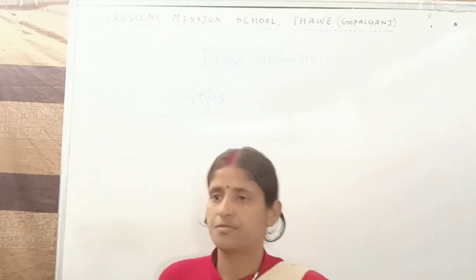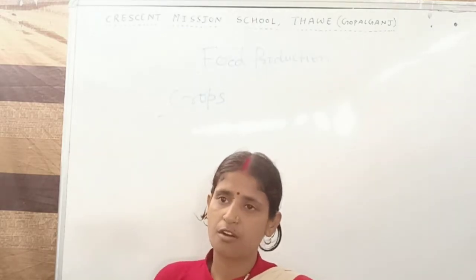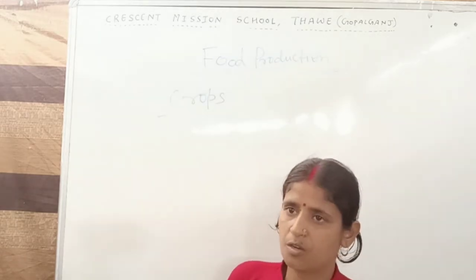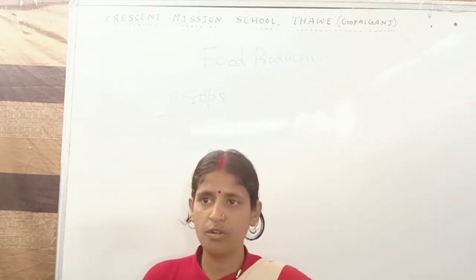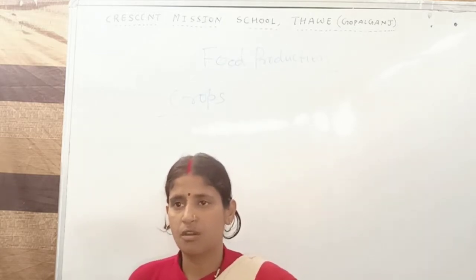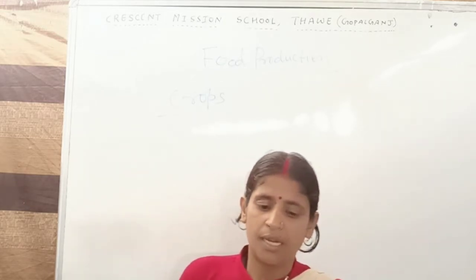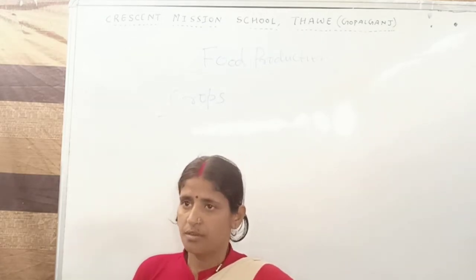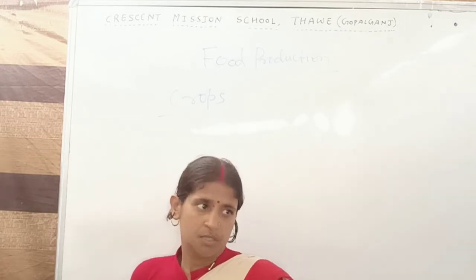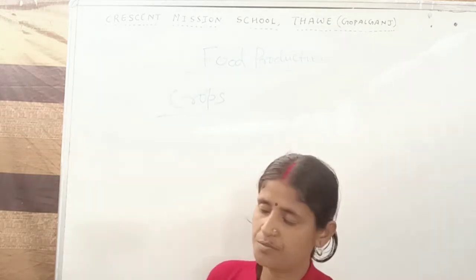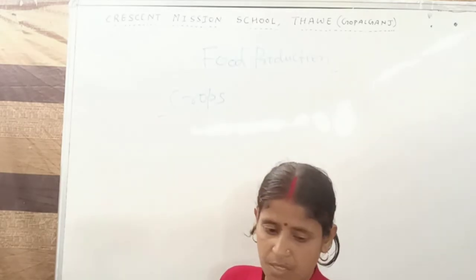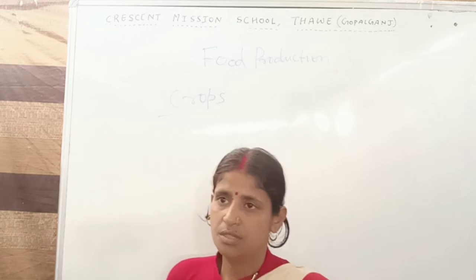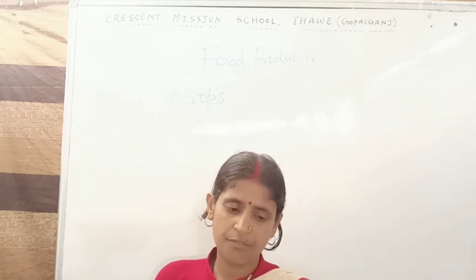Rabi crops are sown during the months of October and November. So in India there are mainly two types of crops: kharif crops and rabi crops.